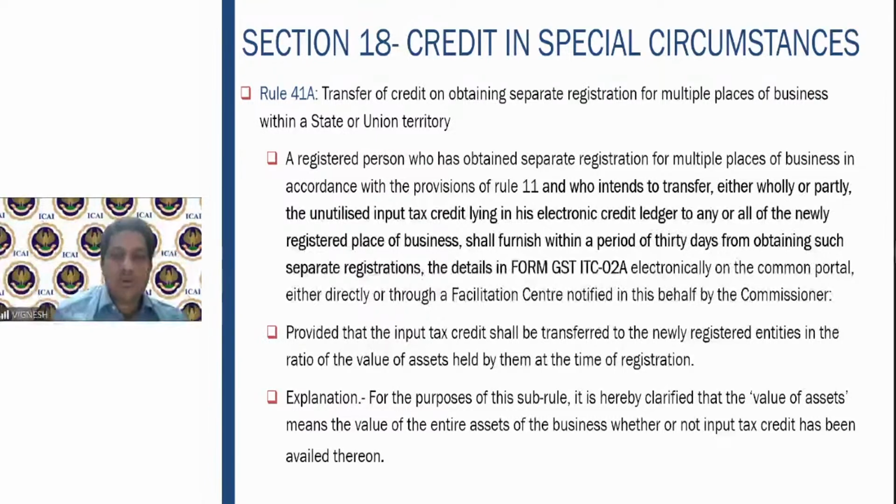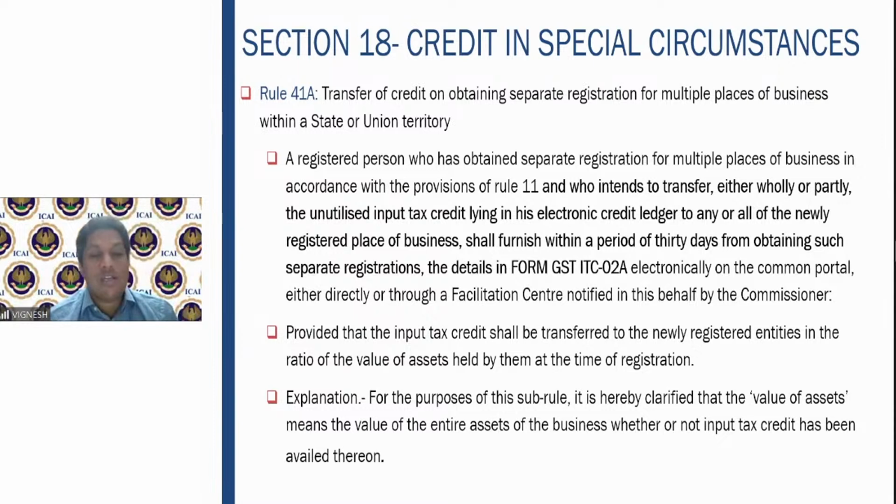In that situation, whatever credit you want to transfer, within a period of 30 days from obtaining the separate registration, the details in ITC-02A have to be filed, either directly or through a notified facilitation center, provided input tax credit shall be transferred in the ratio of the value of assets held by them.